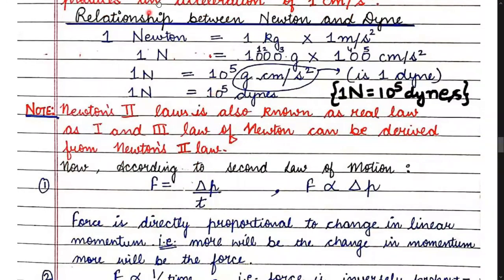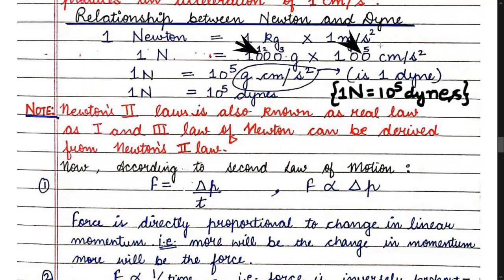So children, the relationship between force in Newton and dynes is as shown below. So here, see, 1 Newton means 1 kg, 1 meter per second square. Now let us convert the quantities. 1 kg means 1000 gram, 1 meter means 100 centimeter.